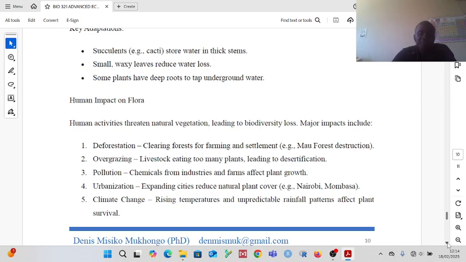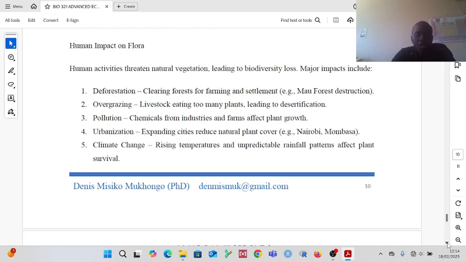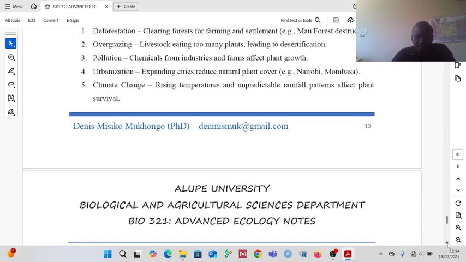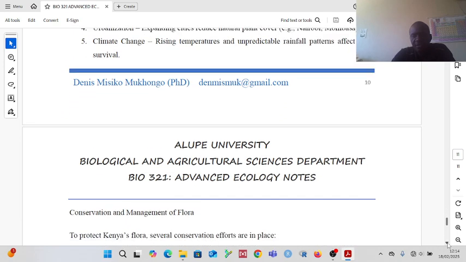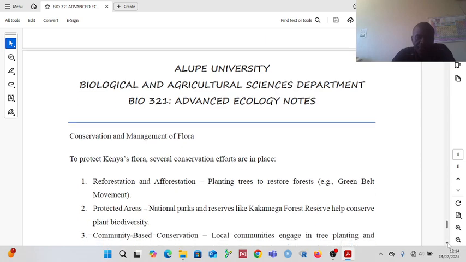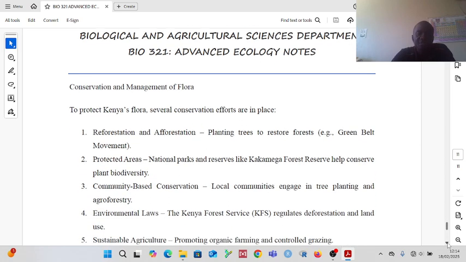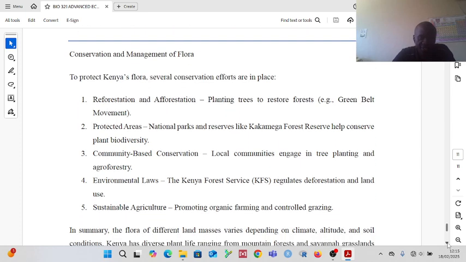Okay. So we've gone through what the classification is. We've looked at how you can assess. We've come all the way to see the types of flora that we find on different landmasses.